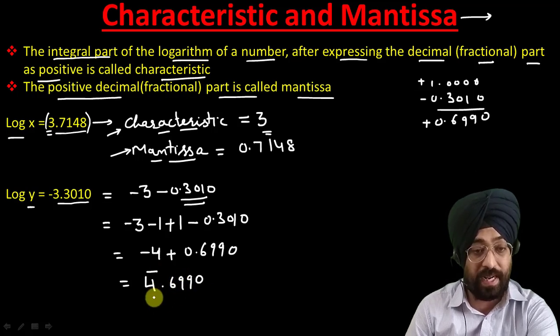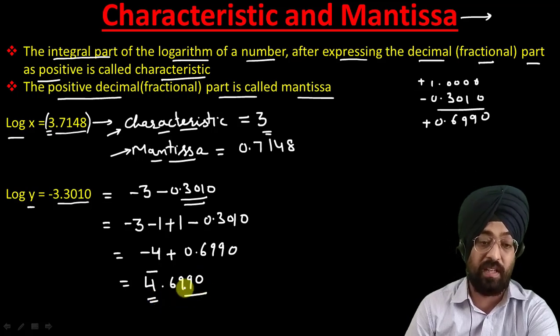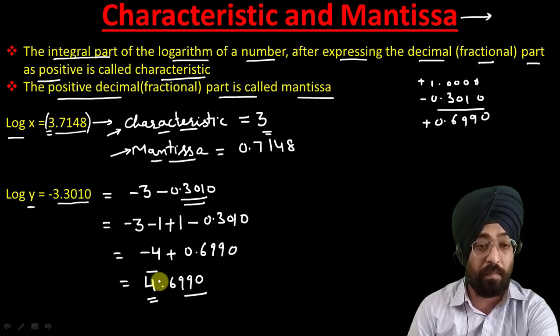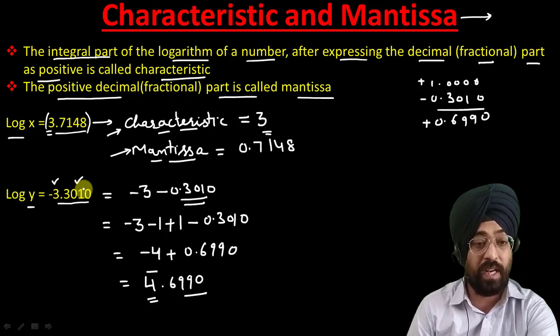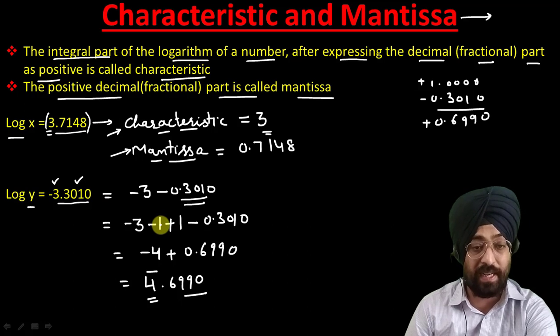It means that the part before the decimal is negative, and the part after the decimal is positive. That's how we write this as 4 bar. If it is minus 3, that means this is negative and this is also negative. So to make the part after the decimal positive, we have subtracted 1 and added 1.